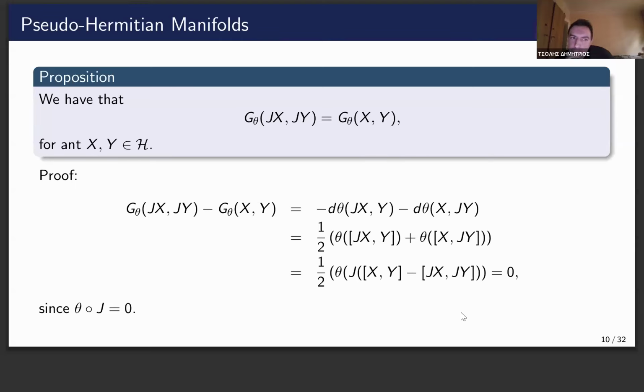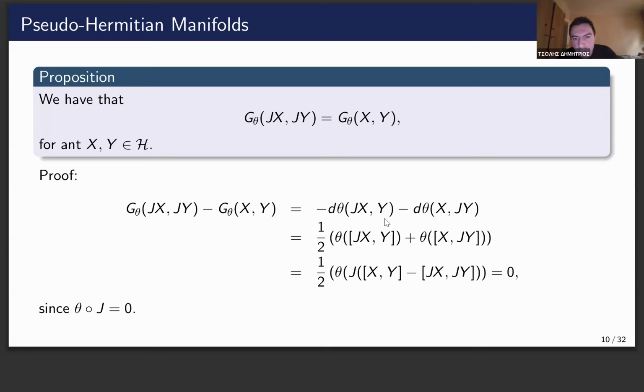So we have this proposition here that when we have JX and JY inside this g theta, then essentially this gives this. And we can prove it easily. We just consider their difference, and using the definition of g theta, we write them like this.